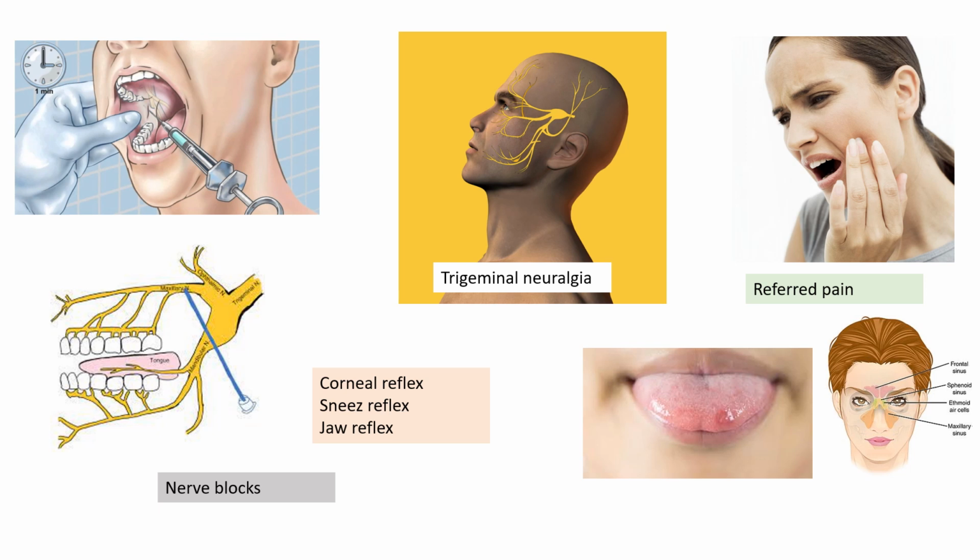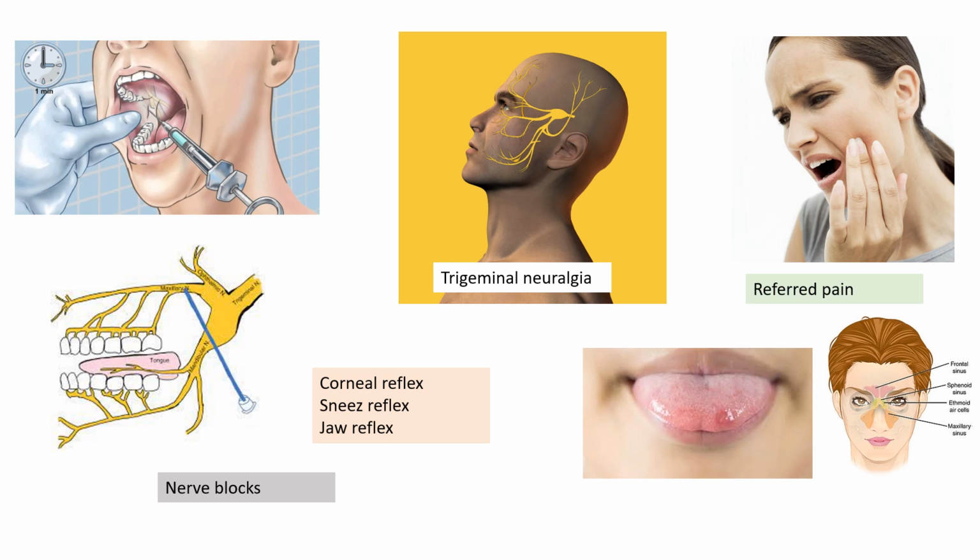So let us understand the importance of the trigeminal nerve. It is important because it has a wide area of sensory distribution and important motor supply also. So many physiological processes are controlled by the trigeminal nerve. So any irritation or compression or damage to the trigeminal nerve or its branches can lead to severe conditions.